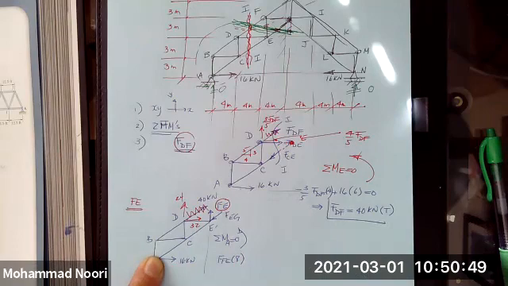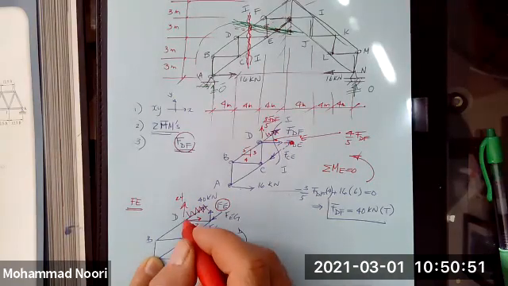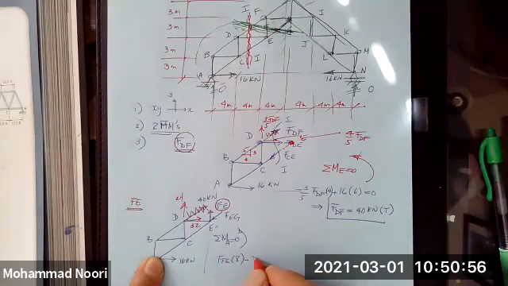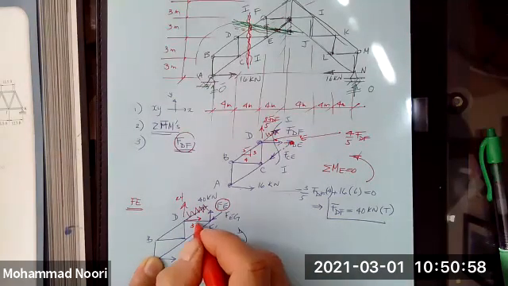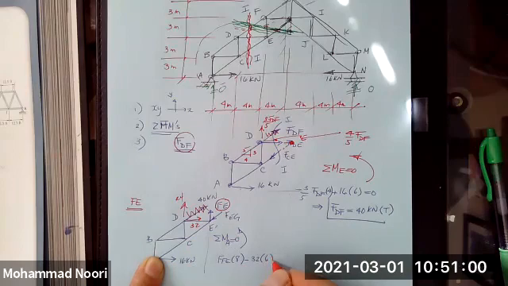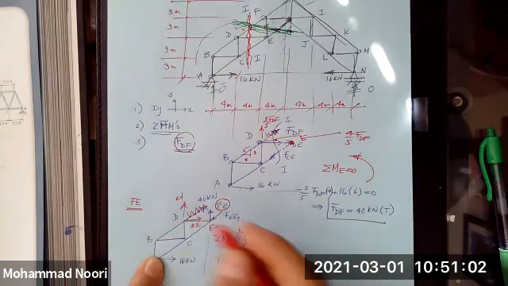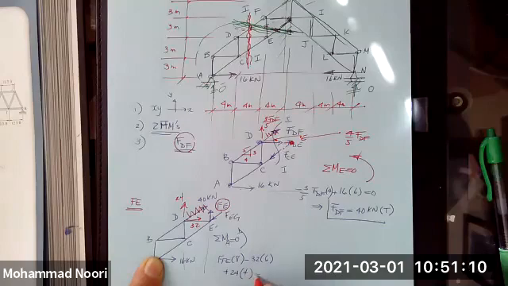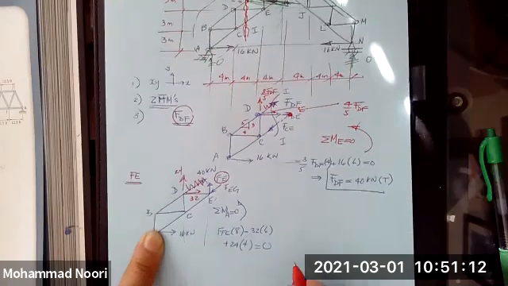Any question? Do you see that? Then you have this one, which is negative 32 times this distance, which is 6. And this one, which is positive, so 24 times this distance, which is 4, equal to 0.